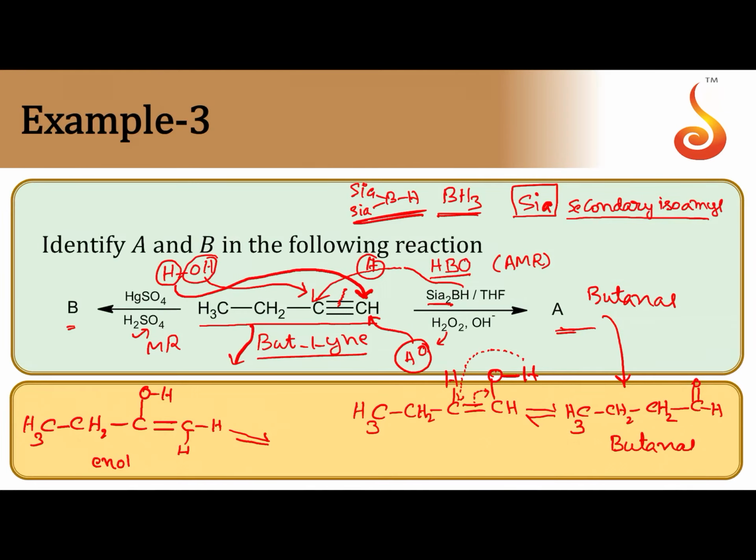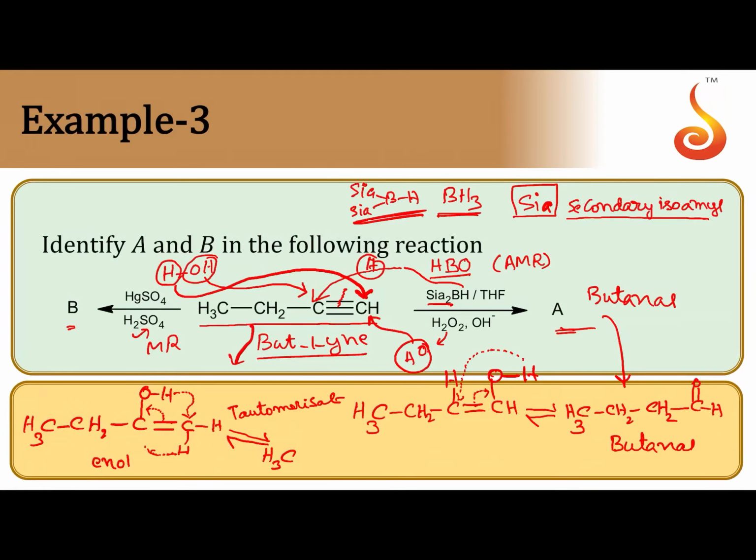So the enol form undergoes tautomerization. During the tautomerization, what happens? H is migrated from oxygen to carbon, and the C-C double bond is shifted from C-C to C-O.